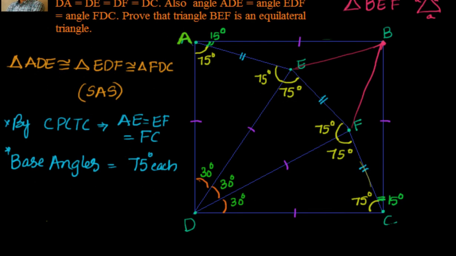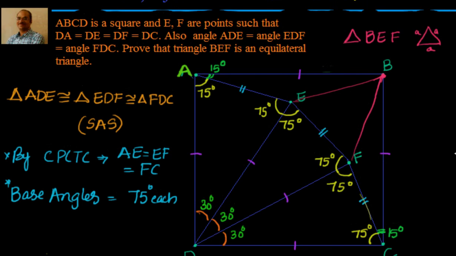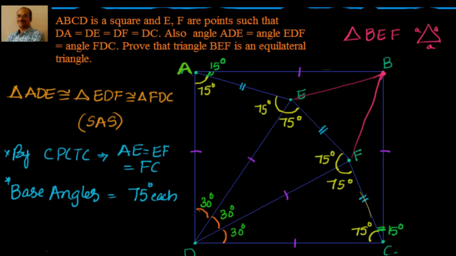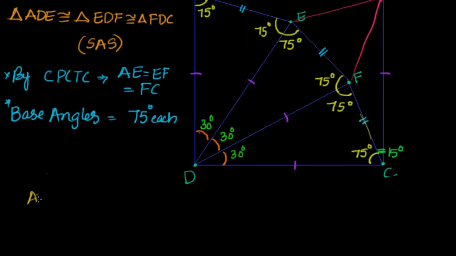Now we have to prove the triangle. We can prove it in two ways: either we prove that all the angles are equal to 60 degrees, or we say the sides are equal. We'll go ahead with the approach where we say the sides are equal.